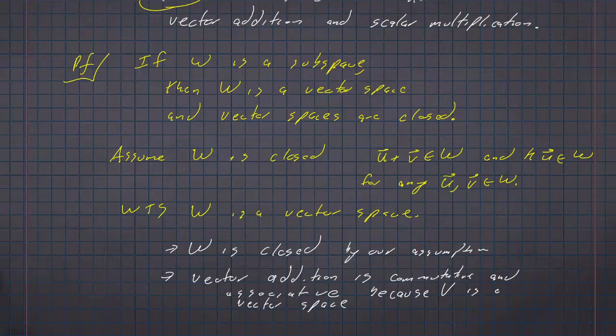The commutative and associative properties we automatically inherit. V is a vector space. Because V is a vector space, the vector addition must be commutative and it must be associative. That has no bearing on which vectors are or are not available, so we don't have to do anything else.